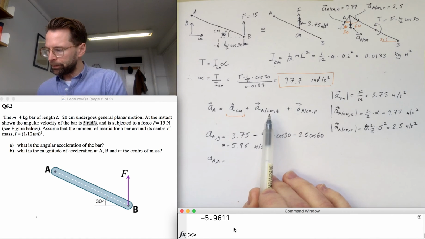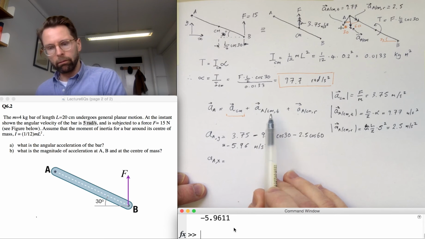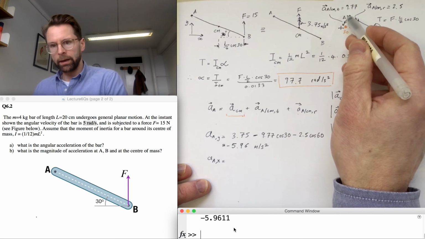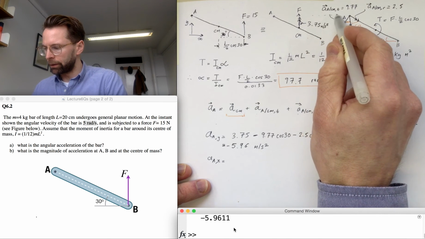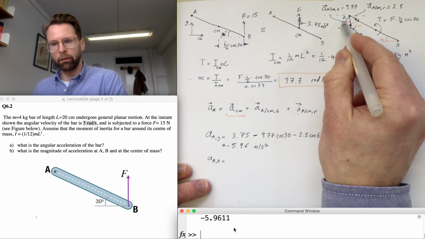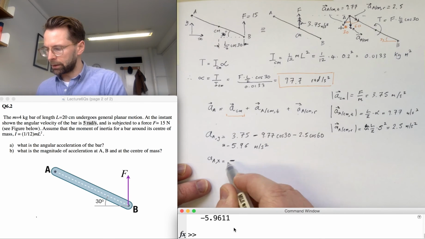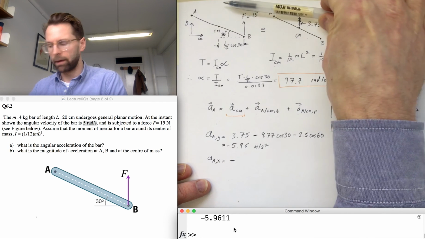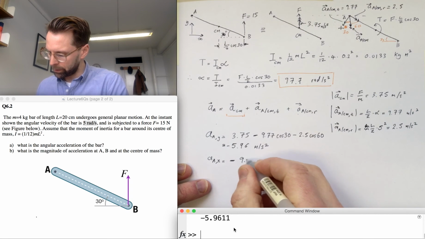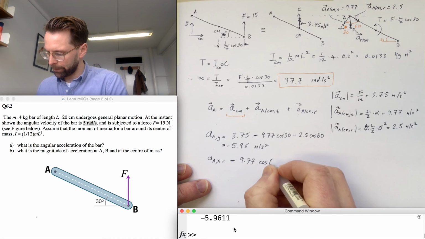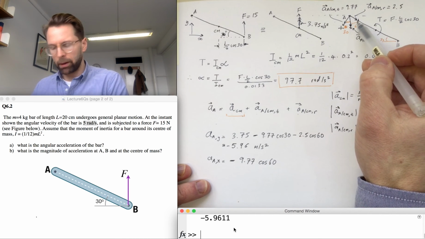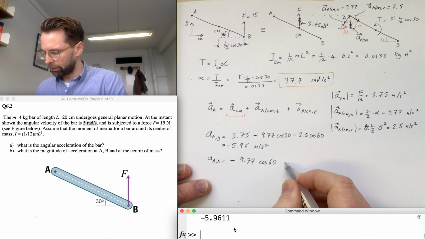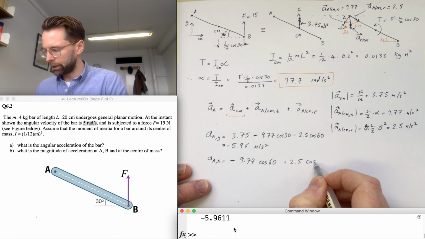The acceleration of A relative to the centre of mass in the tangential direction is 9.77, and if we resolve that horizontally, around an angle of 60, it's going to be a negative value because we're resolving it in negative x. So that's minus 9.77 cos 60. And then you've got this component, which is resolved through 30 degrees, so that's 2.5 cos 30, and that's positive.